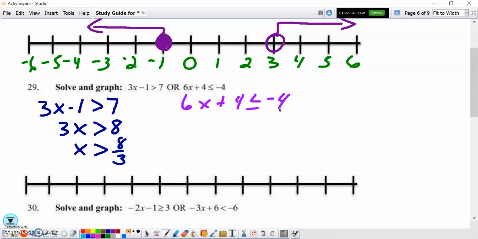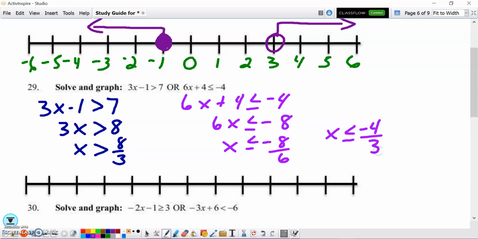We're going to subtract 4 from both sides, so we have 6x is less than or equal to negative 8. Divide by 6, we end up with x is less than or equal to negative 8 over 6. Always reduce, please. Okay, that should reduce to negative 4 over 3.